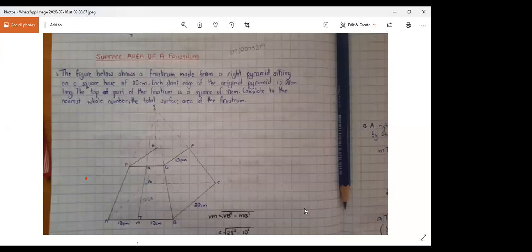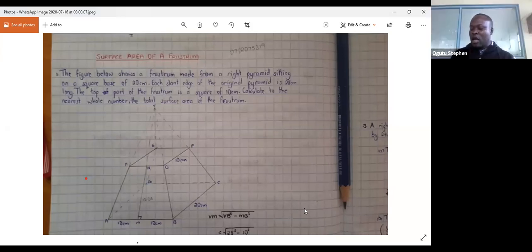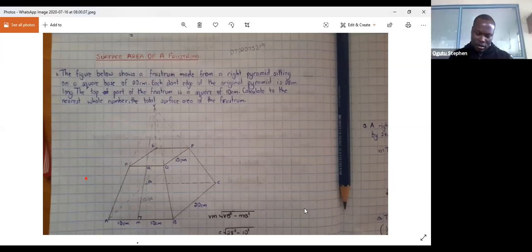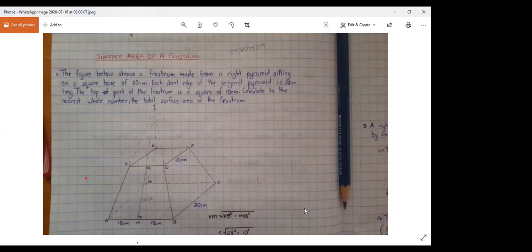26.15. Yes. Now, you can get VN, the small height of the small triangle, that is VHG. VN will be 14 squared minus 5 squared. What do we get? 13.08. 13.1.